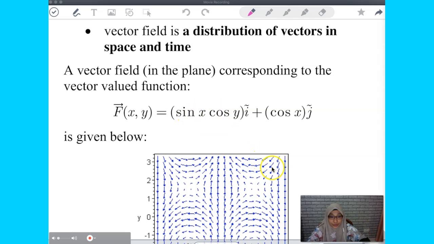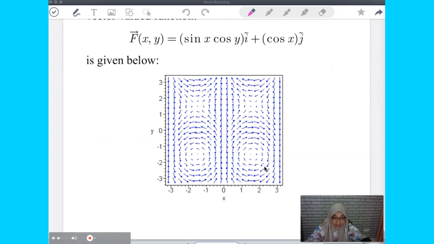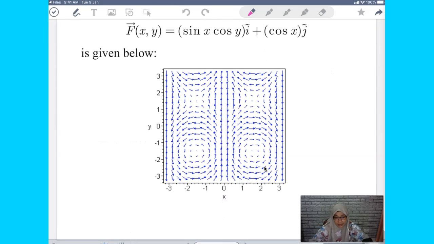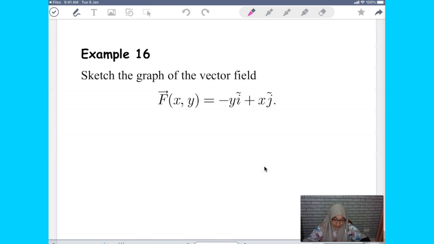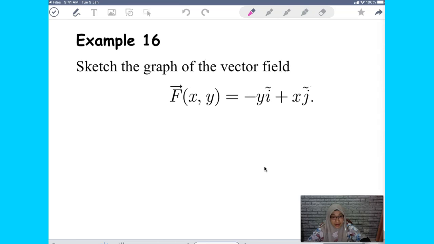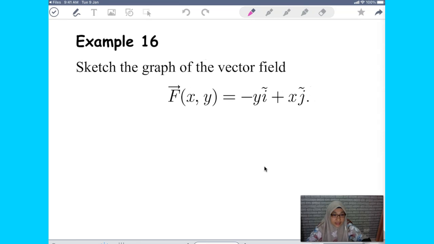Okay, so I will show you how to sketch from this. These are given, and this is a bit tedious to do by hand. Now maybe you can get some idea from this example. We are going to sketch the vector field of this given vector function.